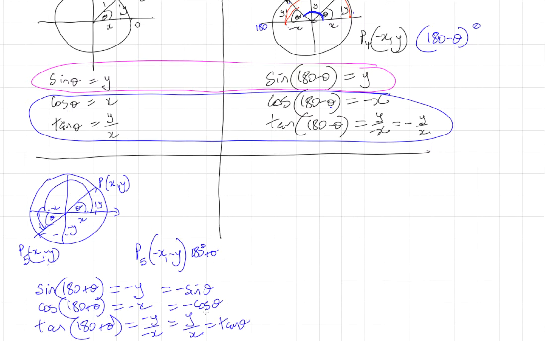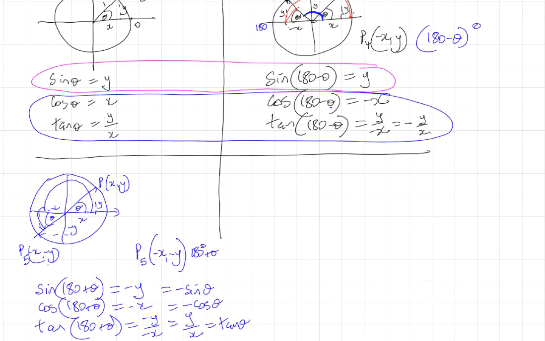So in the third quadrant, the tan ratio is going to be exactly the same as that of the first quadrant, and the sine and cosine are just the negatives of the sine and cosine in the first quadrant.